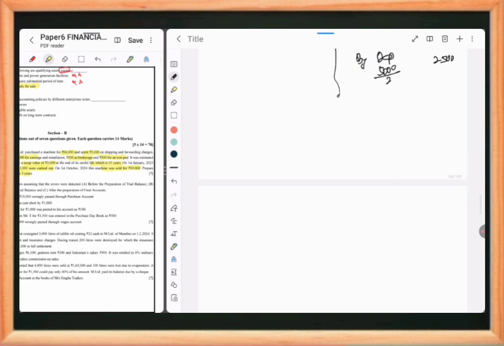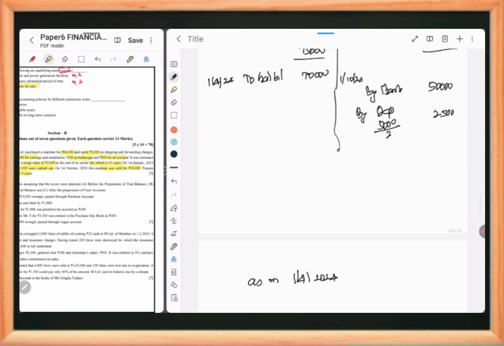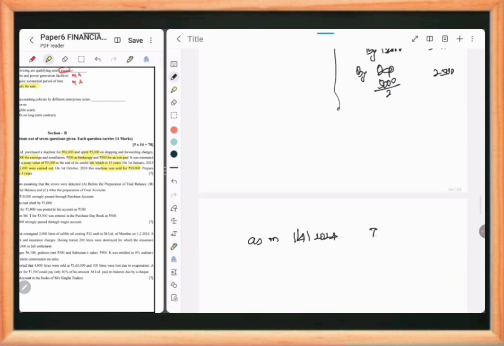Understand? Please make note of it. As on 1/4/2024, that is how much? 70,000 rupees. Less depreciation up to 1st October 2024, that is 2,500.